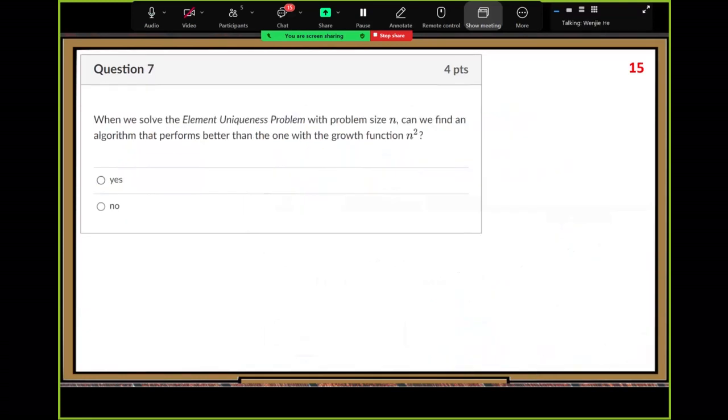Number 7. Element uniqueness problem. Is there an algorithm better than one with growth function n squared? Yes. Remember, we did 2 methods. Method 1, that's n squared. Method 2, n log n.